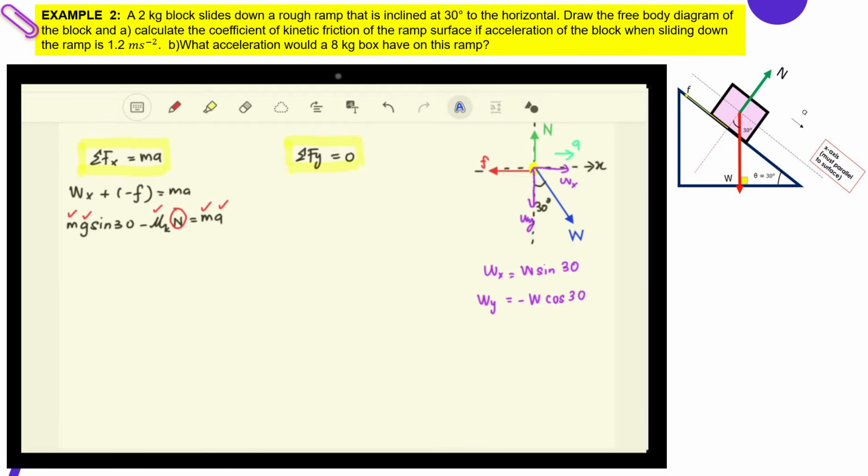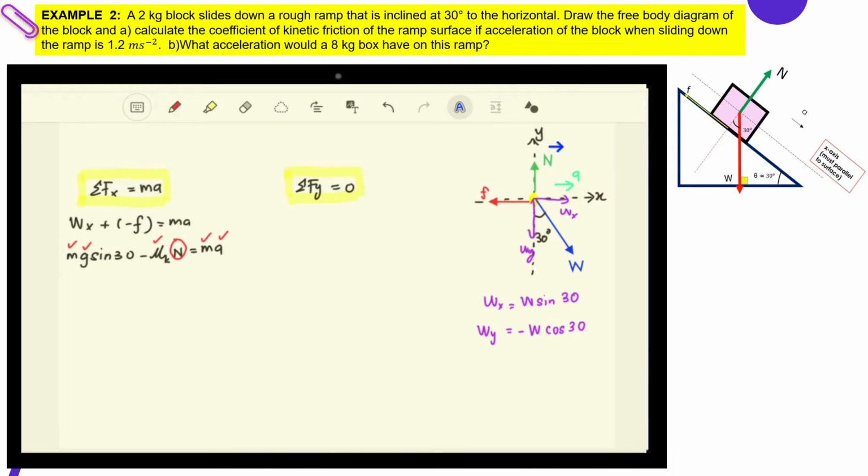Since the normal force is in the y component, we need to find its magnitude by using the total force in the y component. So total Fy is equal to 0. Looking at the free body diagram, we have two forces in the y direction. N is upward, Wy is downward.